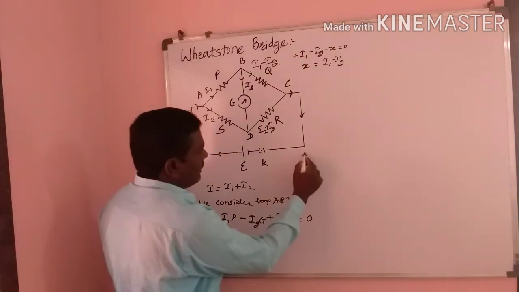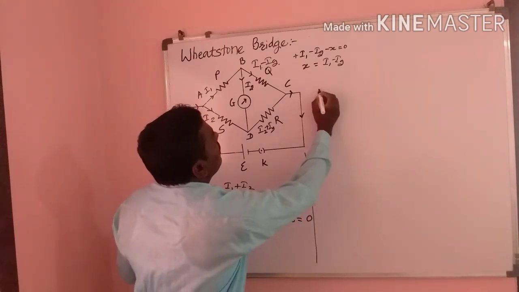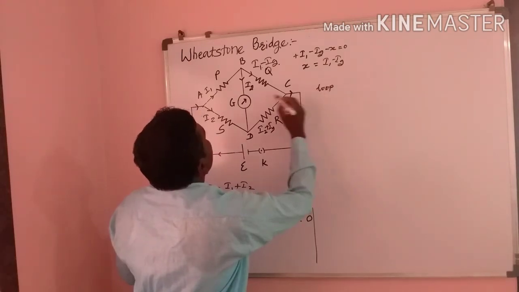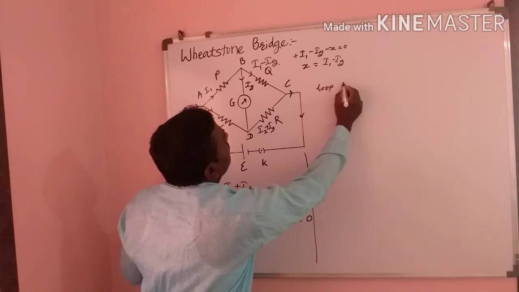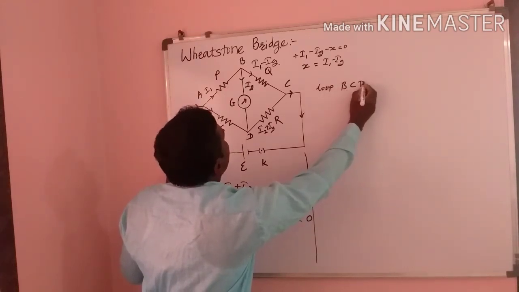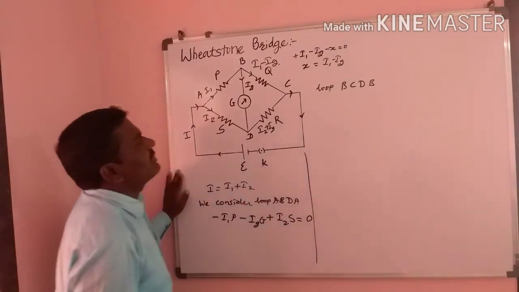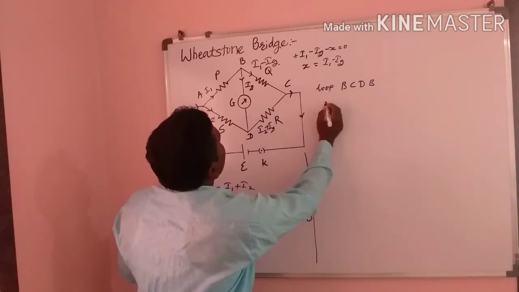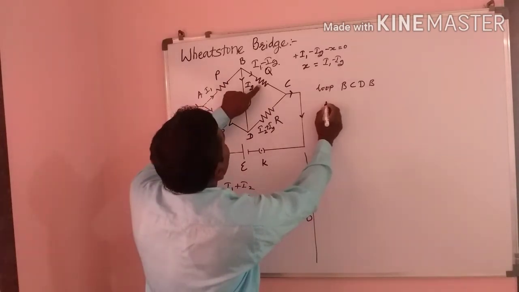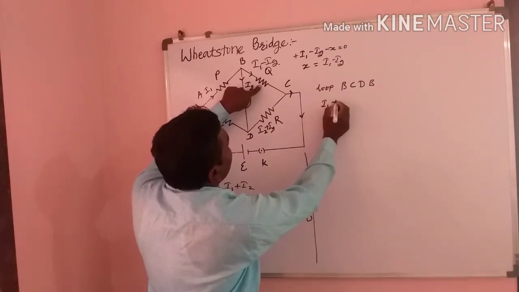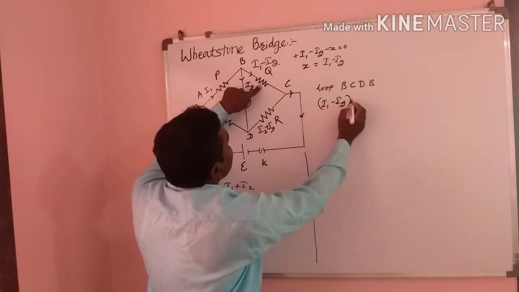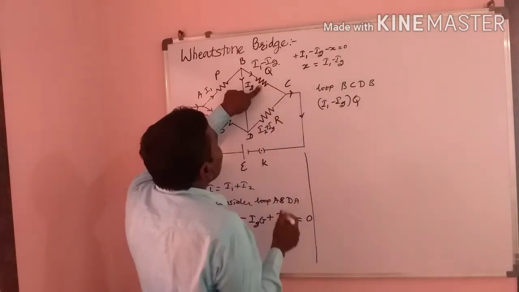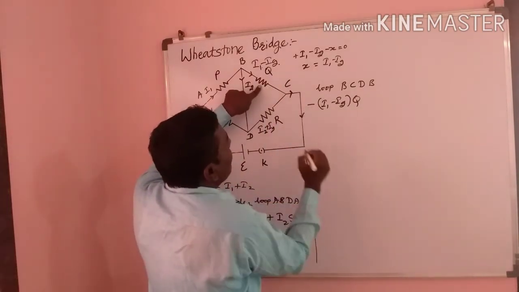Now apply Kirchhoff's voltage law to the loop BCDB in a clockwise direction. The potential difference through Q is I1 minus Ig into Q, and the direction of this current is along the direction of conventional current, so there is a minus sign.